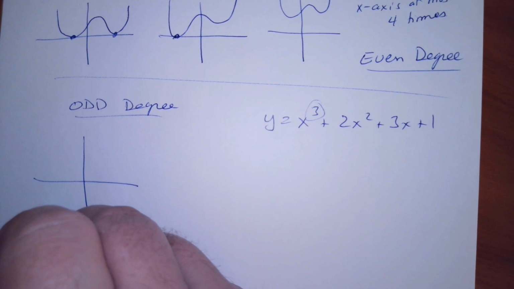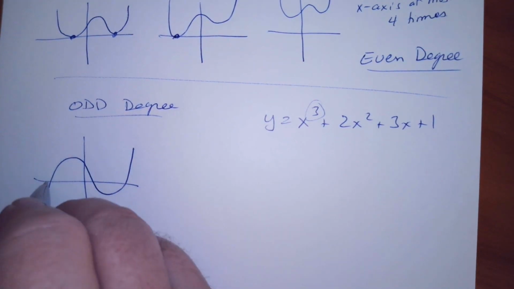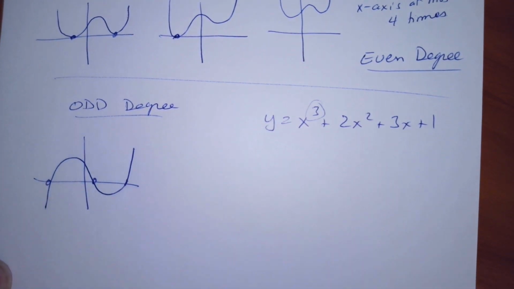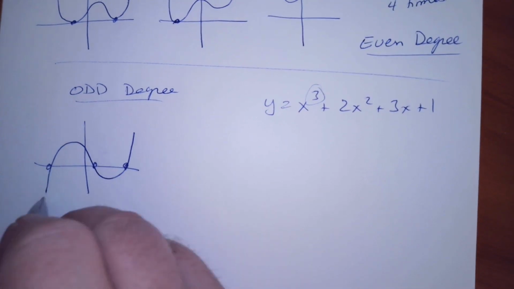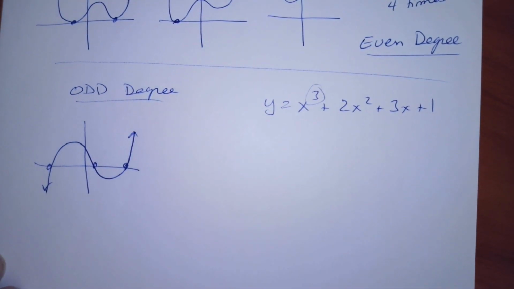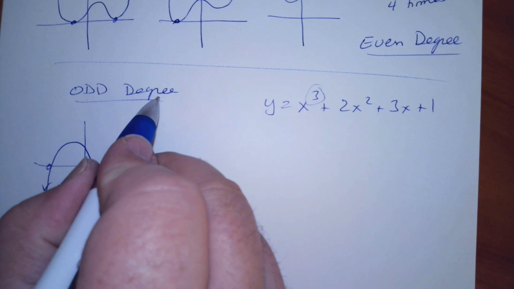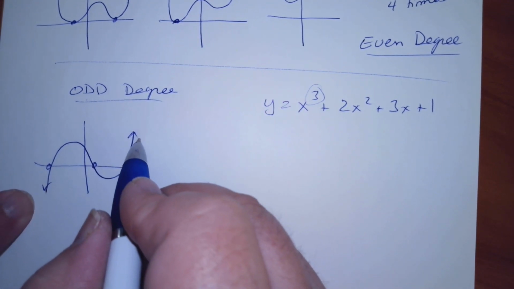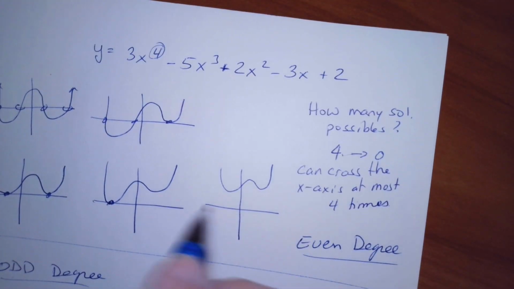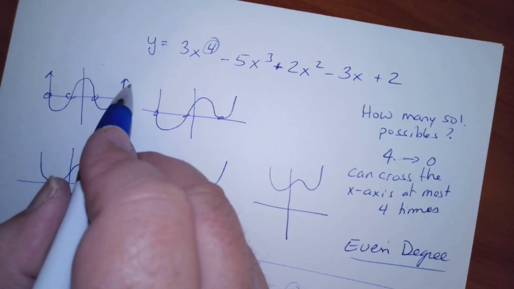The only way that can happen is if both ends point in different directions. So for odd degree equations, both ends point in opposite directions. For even degrees, both ends have to point in the same direction.